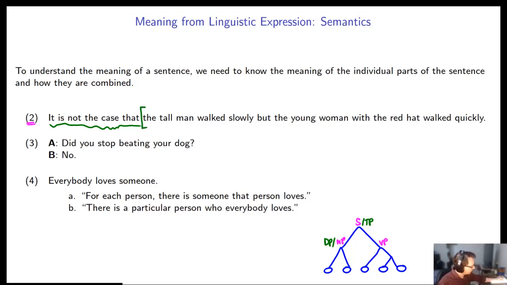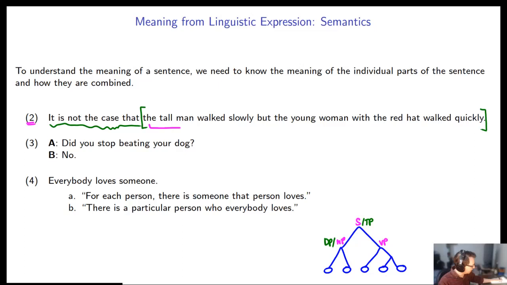Because if I bracket this whole thing off, I can say it is not true that the tall man walked slowly, but the young woman with the red hat walked quickly. And this is going to become a little bit of a pain if I use these words the entire time. So let me just abbreviate some of these. The tall man walked slowly.